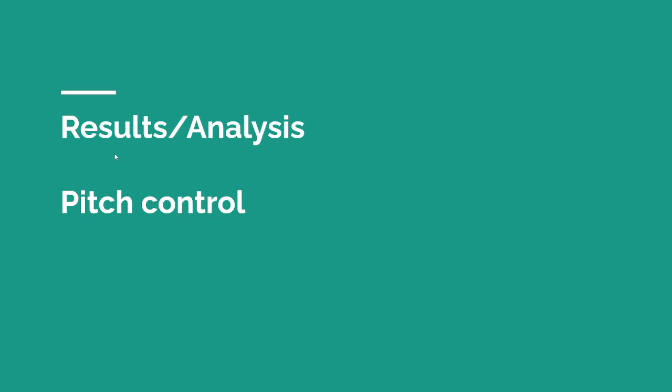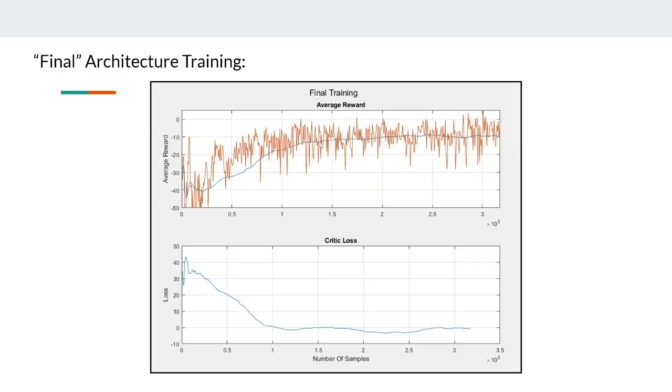So for some results and analysis, we'll first start off with pitch control. The final reward of training looks as so, where we can increase from -40 to 0, and the difference between the estimation of what the long-term Q value should be and what it actually was dropped significantly also.